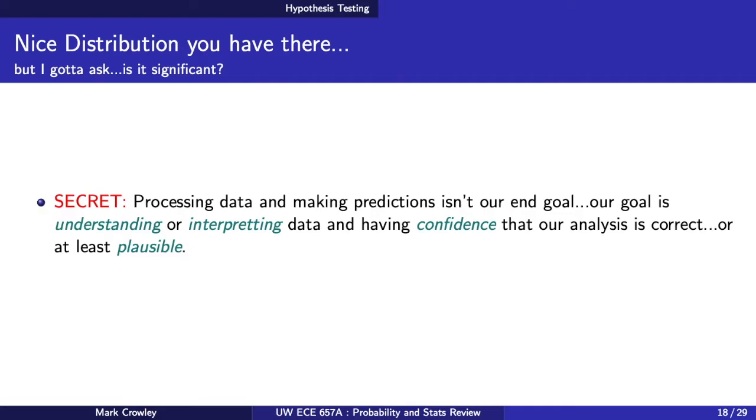The end goal has to be understanding this data or interpreting the data or having it produce something useful. And it's also having confidence that your analysis and your answer is correct.